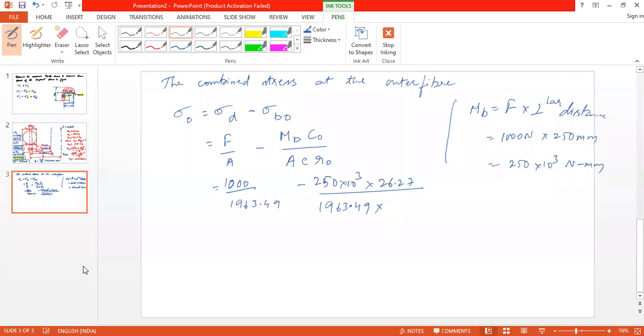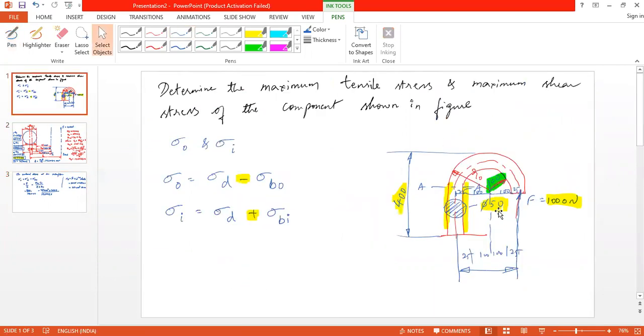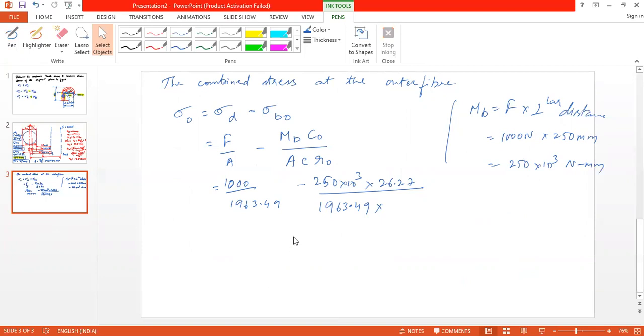Area D is 25, sir. Pardon? Come again? Sir, in area D is 25, sir. Oh, that is 50. Diameter is 50 mm, so area is pi d square by 4. It is then 1963.49.